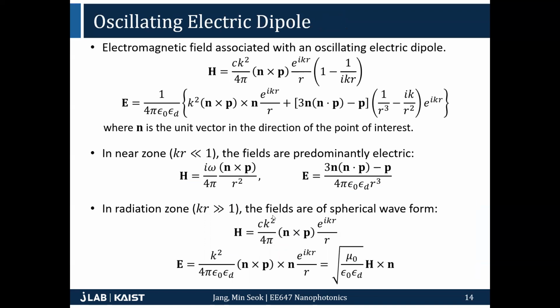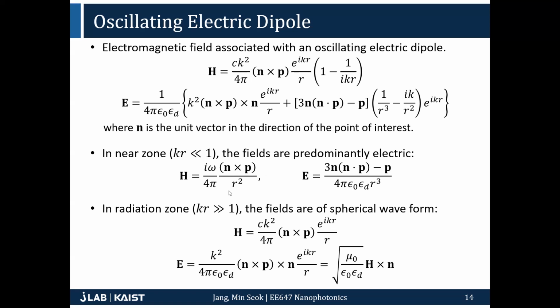Okay, so now if you go to an oscillating dipole, you basically simply multiply by e to the i k r. Then you can actually obtain the magnetic field and the electric field associated with the oscillating electric dipole.